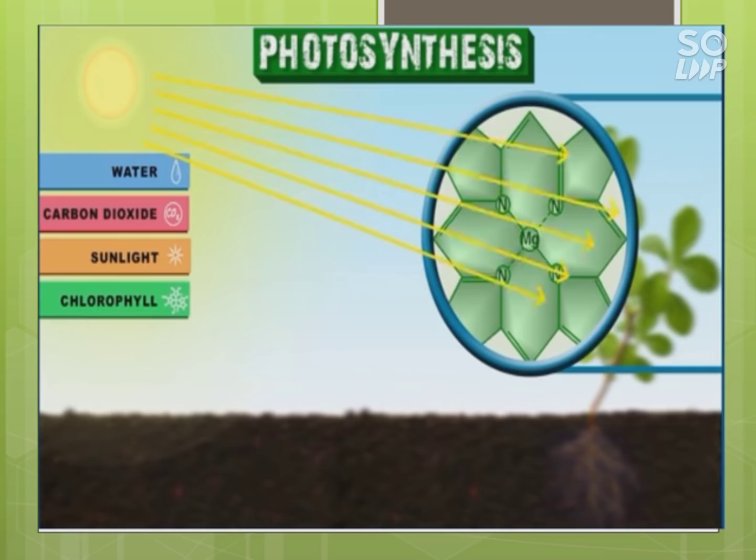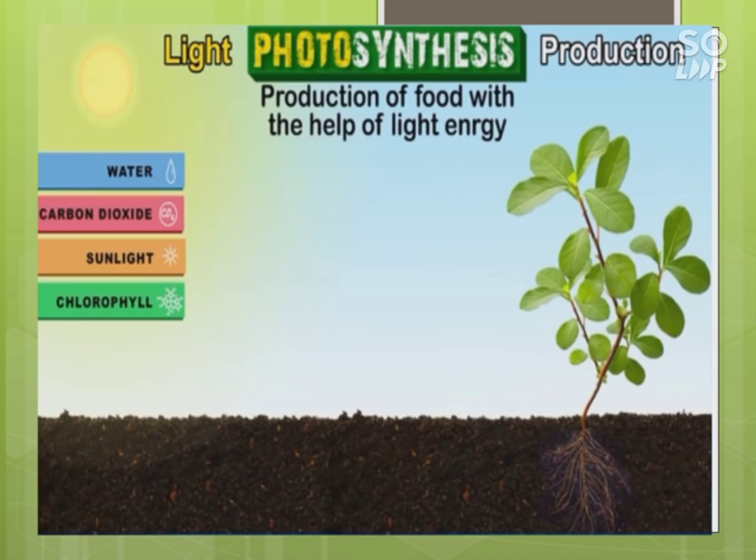The green color pigment, chlorophyll, which is present in the leaf, absorbs all the light energy from the sunlight. Since this light energy is so important in this entire process, we term this process photosynthesis.